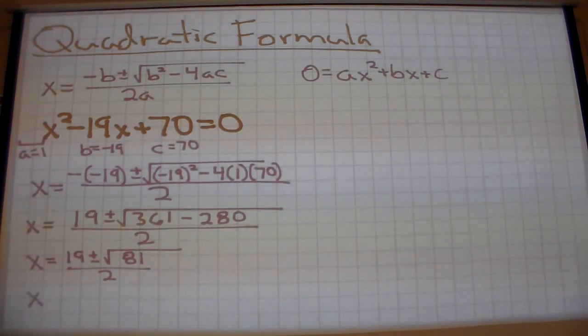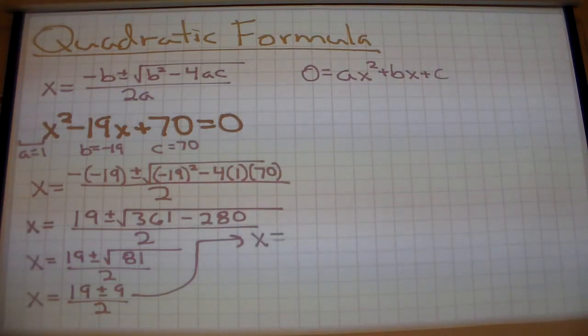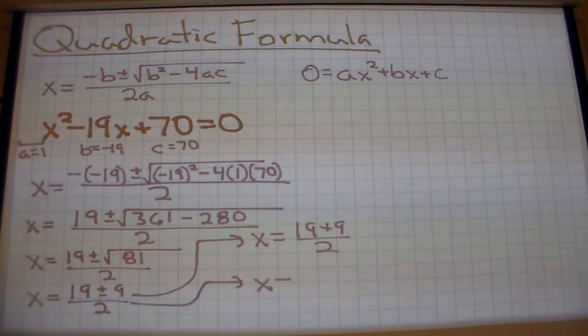All right, so I'm going to get x equals 19 plus or minus 9 over 2. We're not going to leave it in that form. We need to solve it in the two ways. One way, x equals 19 plus 9 over 2. And the other way, x equals 19 minus 9 over 2.